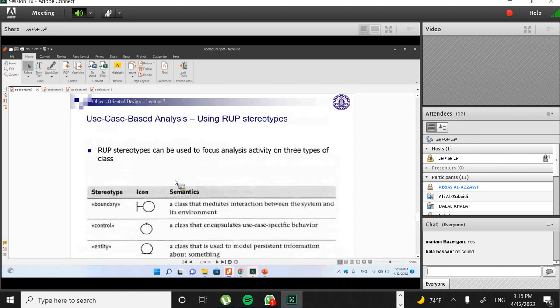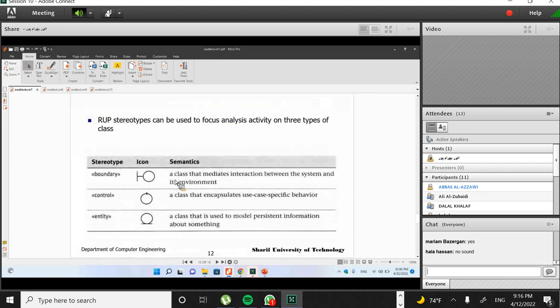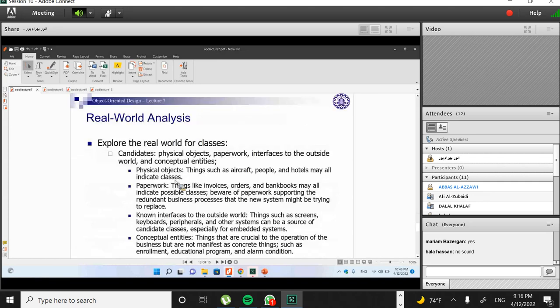This is all about the third technique, which is named the use case based analysis technique.